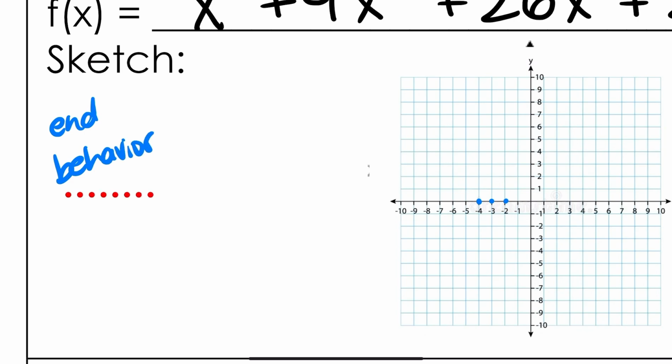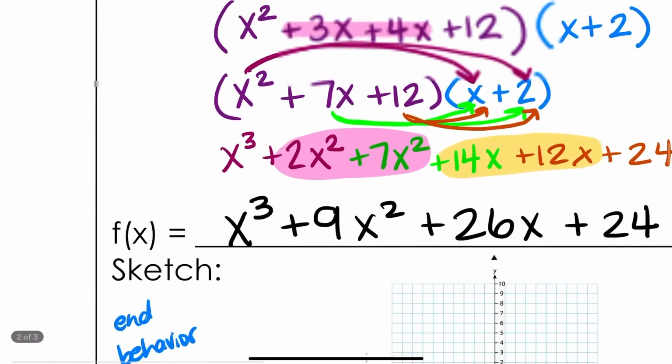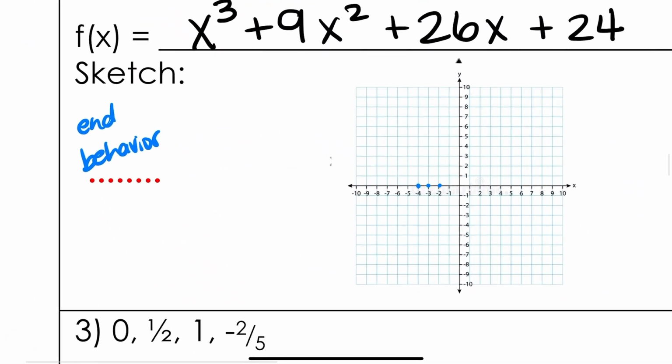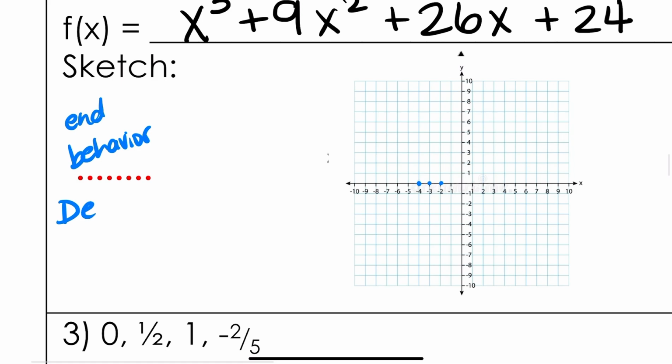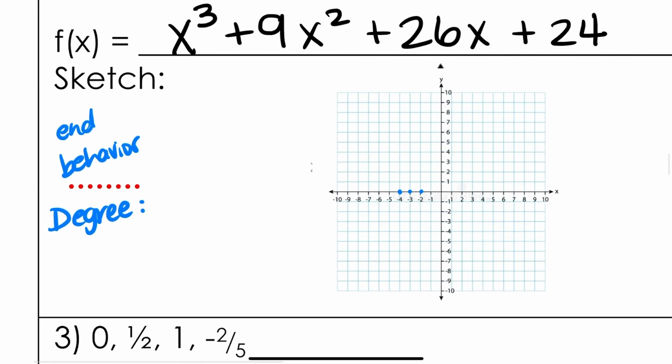If we know how the ends of the graph look, then we know where to start it and where to end it. So, end behavior depends on the degree and the leading coefficient.